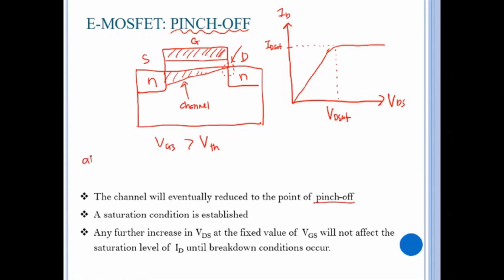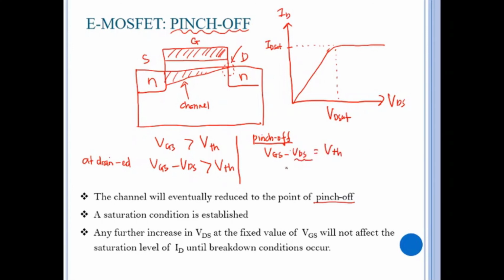So at the drain end, the VGS here is VGS minus VDS. So this needs to be above VTH. So at the pinch off condition, the relationship between the right side and the left side is equal. So the pinch off situation occurs when VGS minus VDS is equal to VTH.